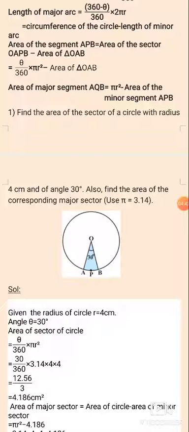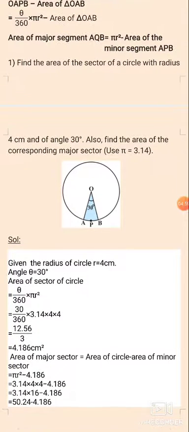Now we need to find out area of the major sector. So we can take the equation area of the whole circle minus area of the minor sector, because here first we found out area of the minor sector. Which is equal to pi r square minus 4.186.